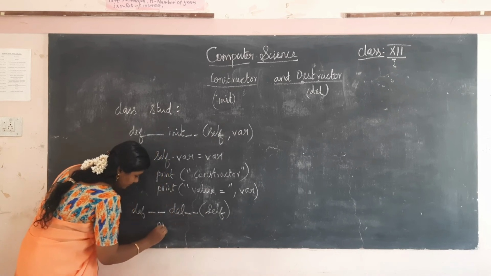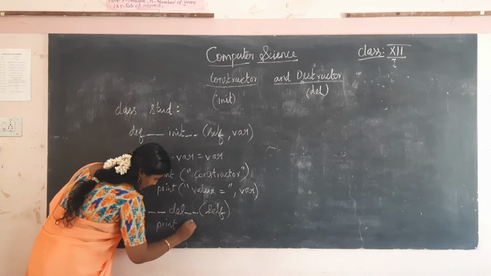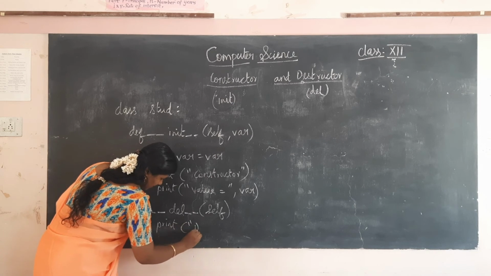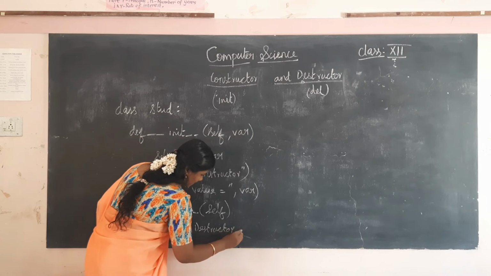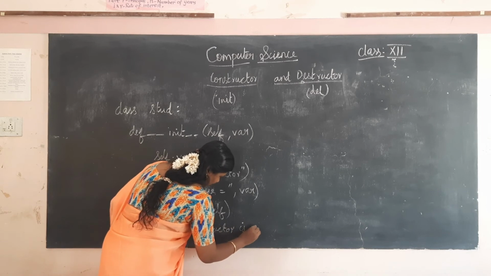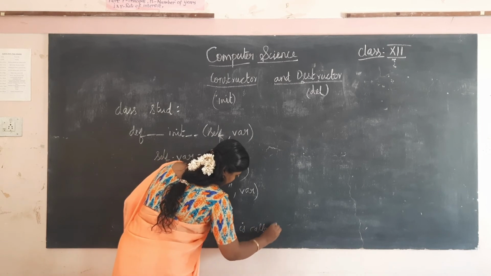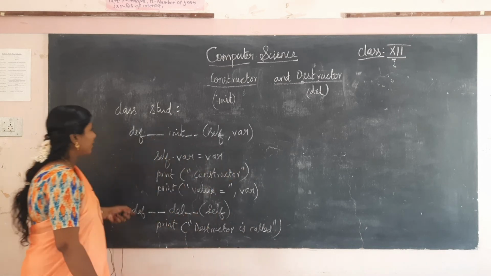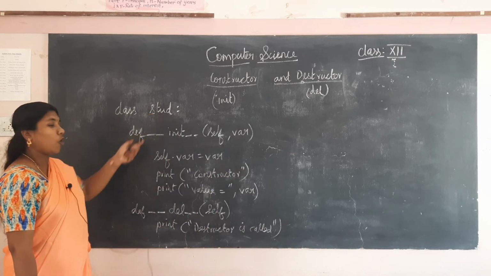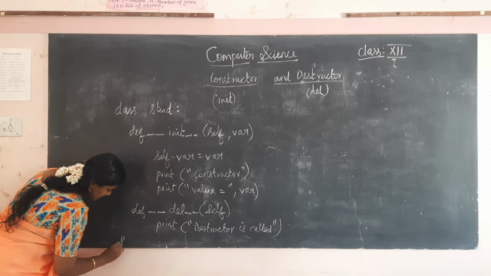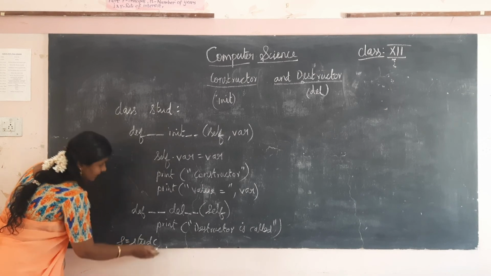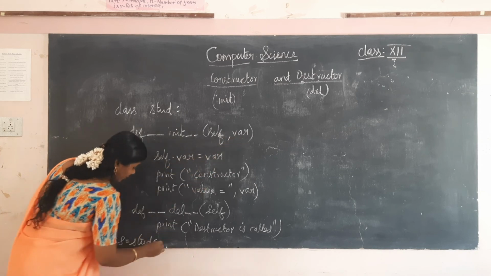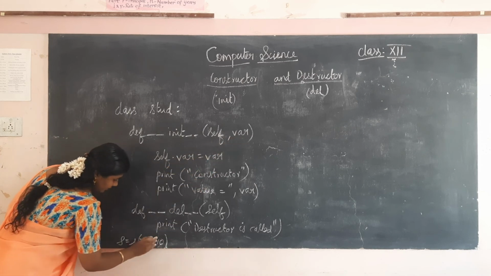So print destructor is called. And then I have to create one object for the class. So s is equal to student, and as I am having one value here I have to give one value. Let me give 10.